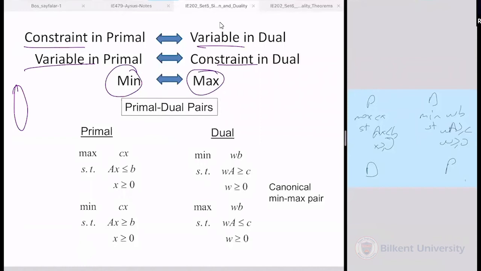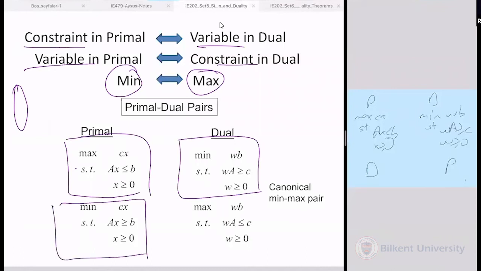So we started with canonical form max, and we have seen that its dual is canonical form min. Also, during the previous proof, we have shown that if canonical form min is my primal, then my dual is canonical form max. Okay? Any questions? I can re-explain any part.